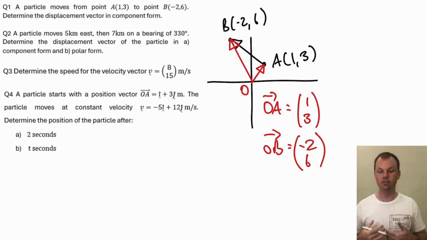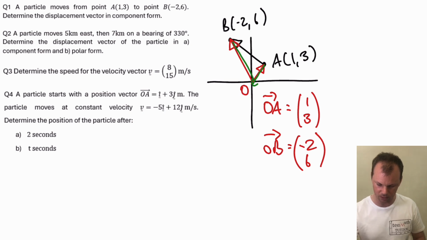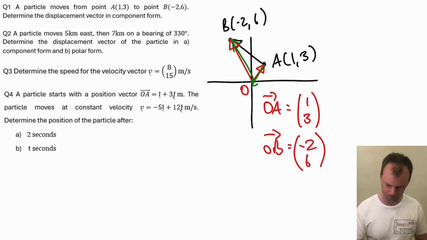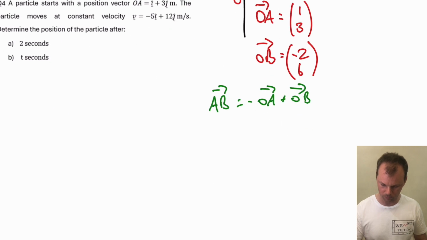Now if I'm looking at the vector A to B, what we have to do is we have to travel down this way and then travel up this way. So we're going to do negative vector OA plus OB. So AB, I'm going to switch these around.